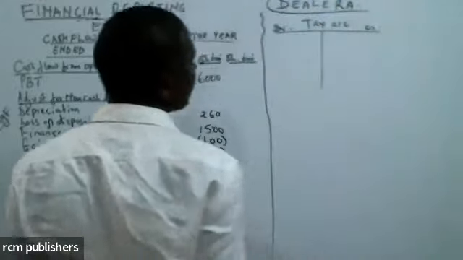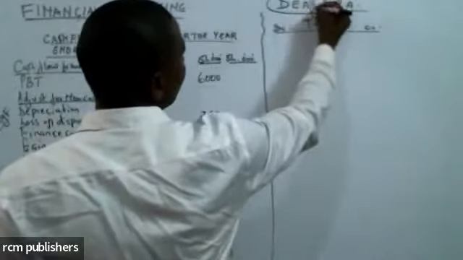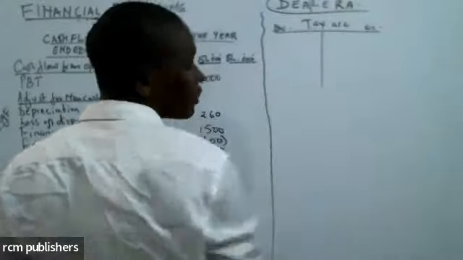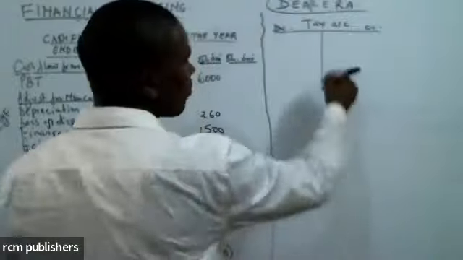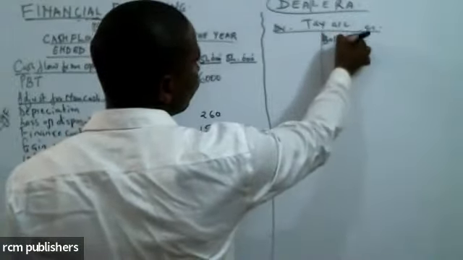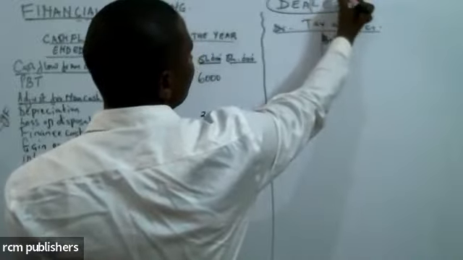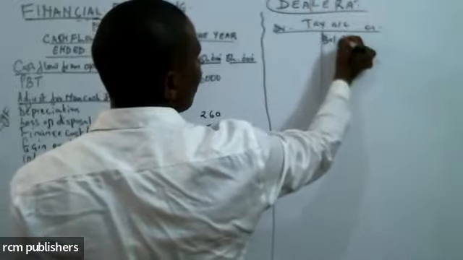Class, this is important. We know that tax falls under liability, so it has a credit balance. So the balance brought down is what we usually see on the credit side.